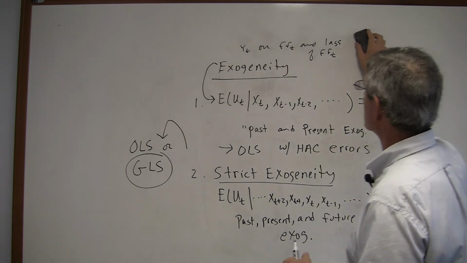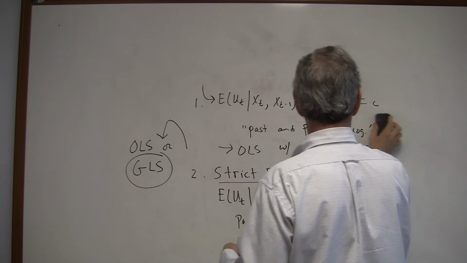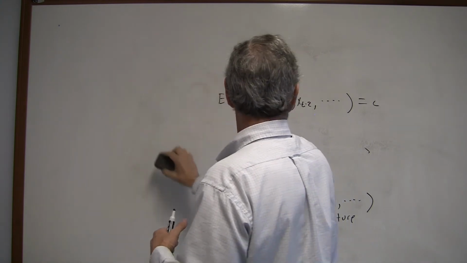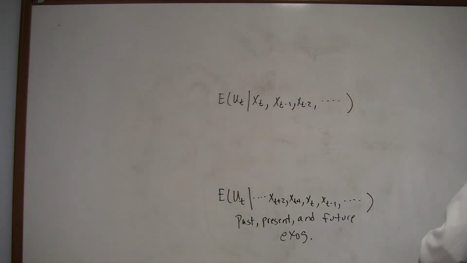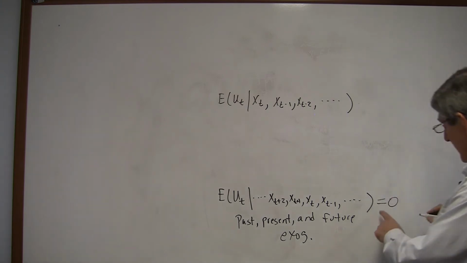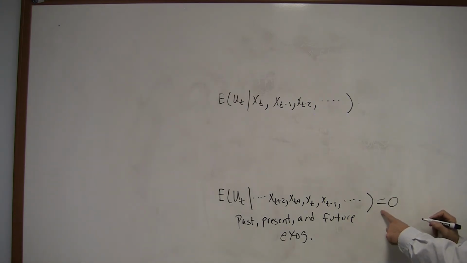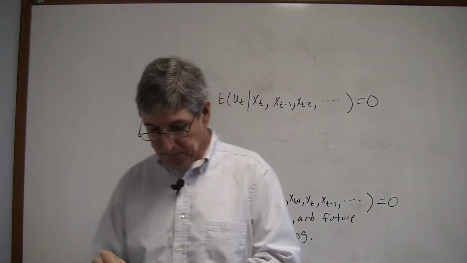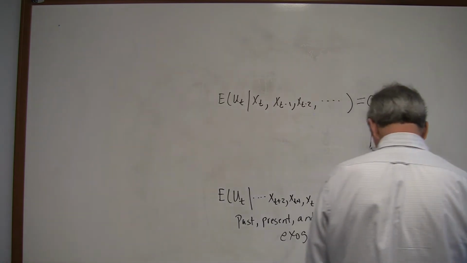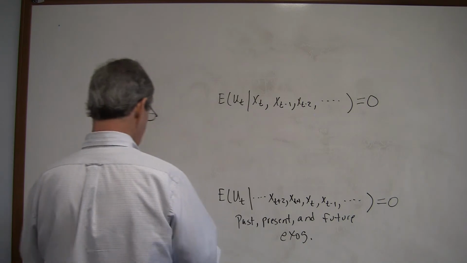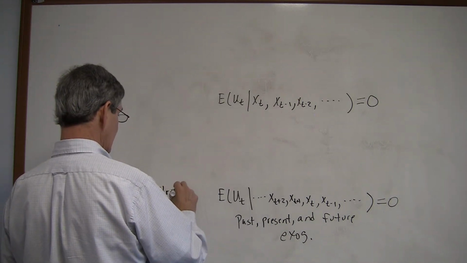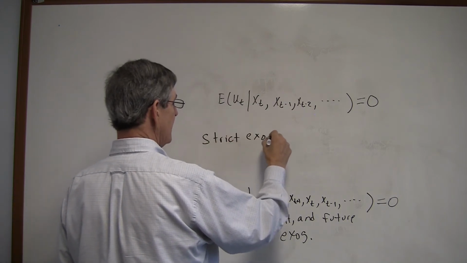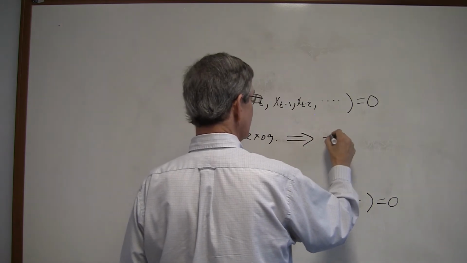Now the other thing to note here, let me just leave up the two definitions. If you look at these two, did I have an equals 0 here? If I didn't, there should have been, the whole time, an equals 0 there. I'm not sure if I erased it or it was never there. Okay, if you look carefully at this, it has to be the case that strict exogeneity implies exogeneity.